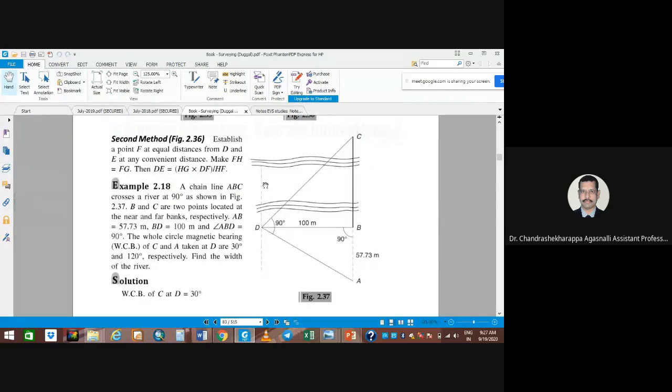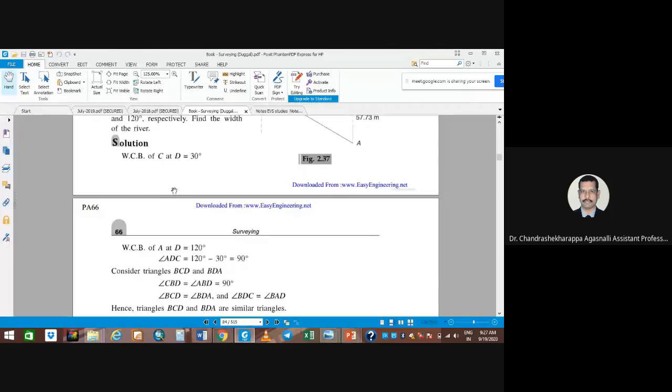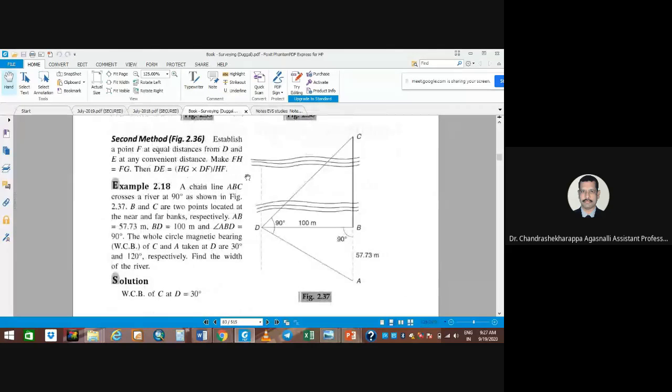These are some of the things by the rivers. Based on this, there will be some problems. So here are some of the problems. A chain line ABC crosses a river at 90 degrees as shown in figure 2.37.